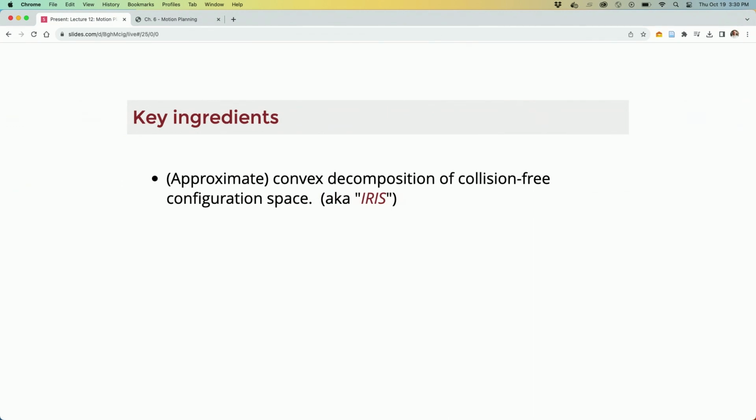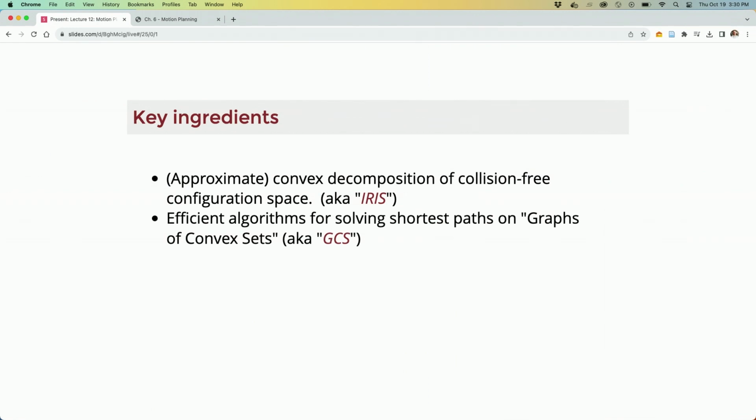The name of the first algorithm that we did in this and we continue to use is IRIS, iterative region inflation by semi-definite programming, but we all just say IRIS, and we say it so much that I figured I had to put it on this first slide, because I will say IRIS without thinking about it, and I wanted to make sure I define it once, okay? And then we have an algorithm that's for efficiently solving shortest paths on these graphs of convex sets. Okay, that's sort of the 2 prerequisites.